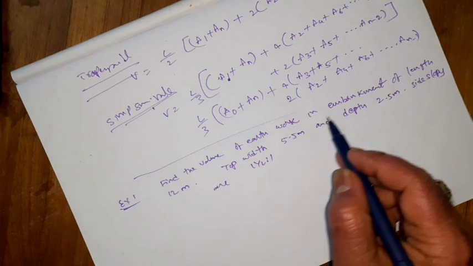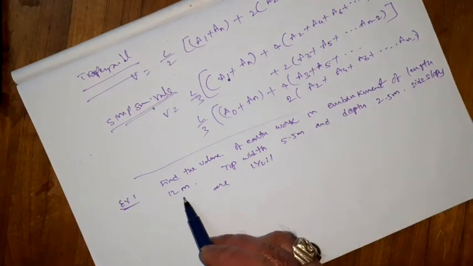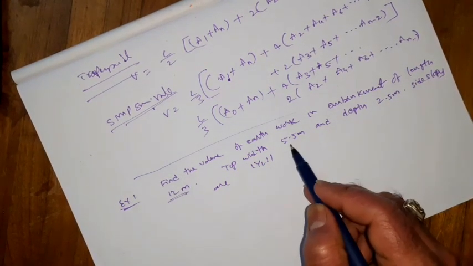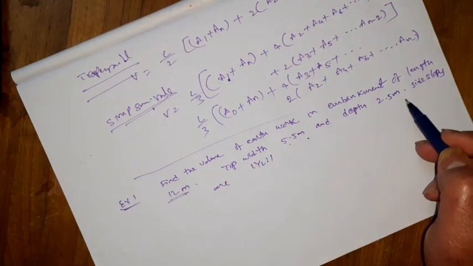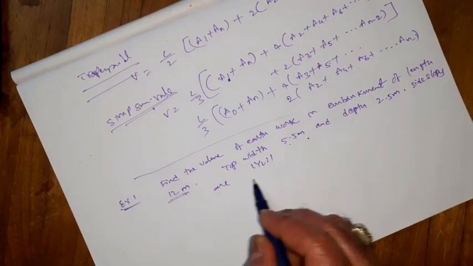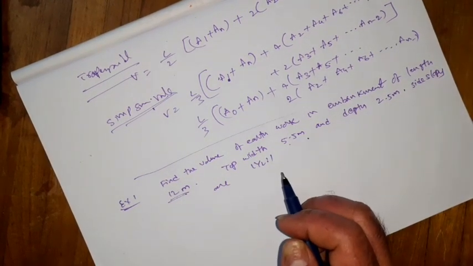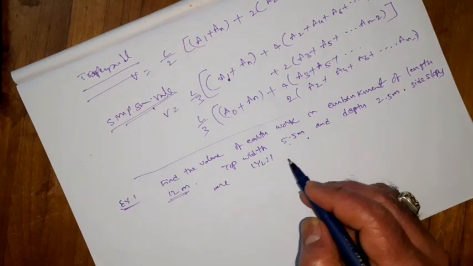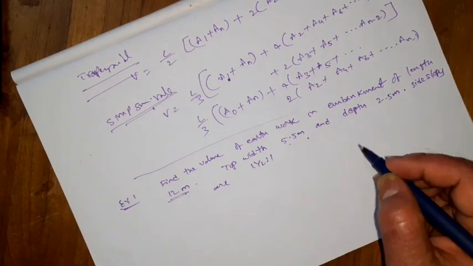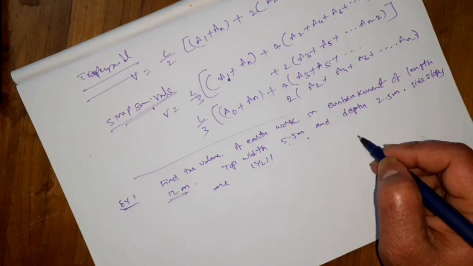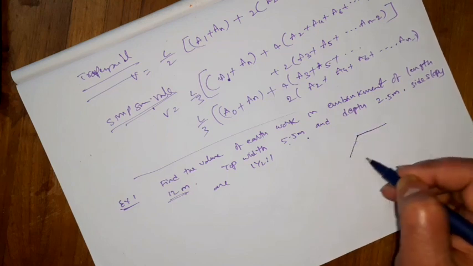Find the volume of earthwork in an embankment of length 12 meters, top width 5.5 meters and depth 2.5 meters. Side slopes are given as 1.5:1. Once a problem is given like this, it is very important to draw the diagram first.